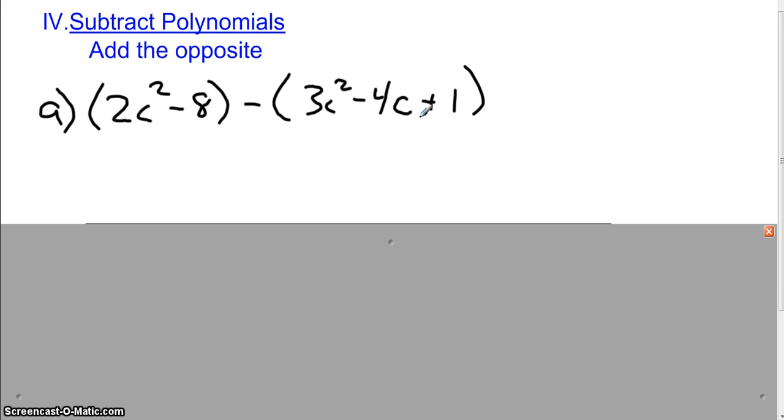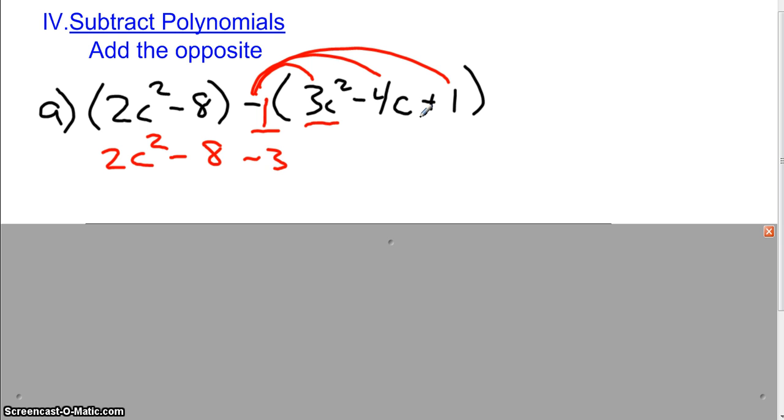It's as though we have negative 1 times each term. So we will distribute that negative. We have 2c squared minus 8. Negative 1 times 3c squared is negative 3c squared. Negative 1 times negative 4c is positive 4c. Negative 1 times 1 is negative 1.